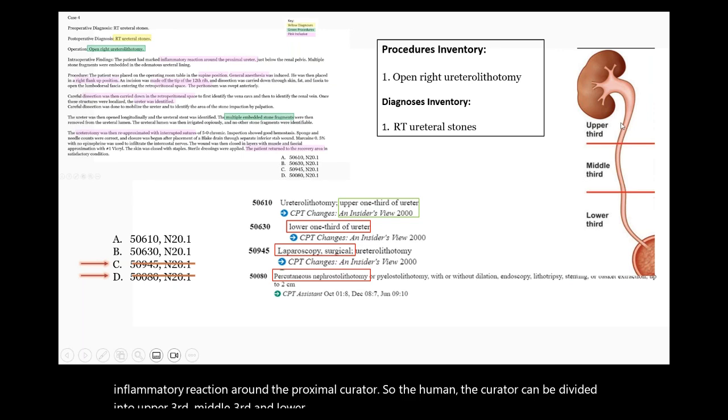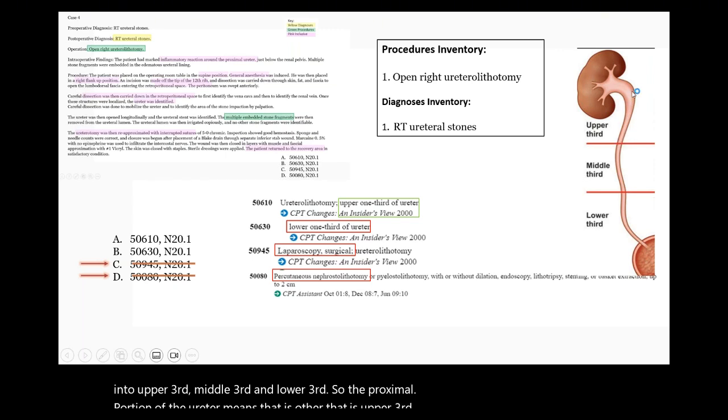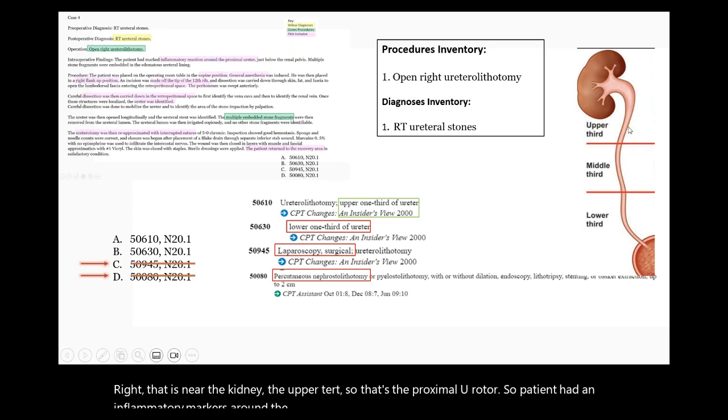The proximal portion of the ureter means that is the upper third, right? That is near the kidney, the upper third. So that's the proximal ureter. So patient had inflammatory markers around the proximal ureter, and that's where the procedure was performed in the scenario.